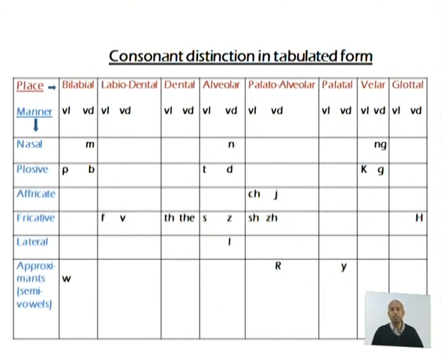We have this table, consonant distinction in tabulated form, exactly what we've done. Place: bilabial, labiodental, dental, alveolar, palatoalveolar, palatal, velar and glottal. And we have the manner under that. Manner is nasal, plosive, affricate, fricative, lateral or approximant. And which one is produced by what is in this table.